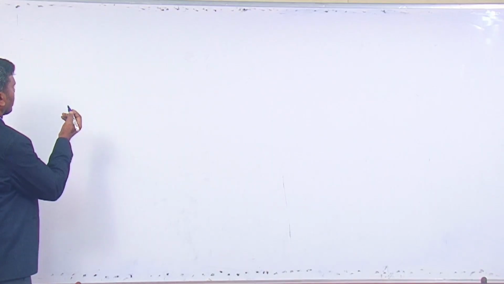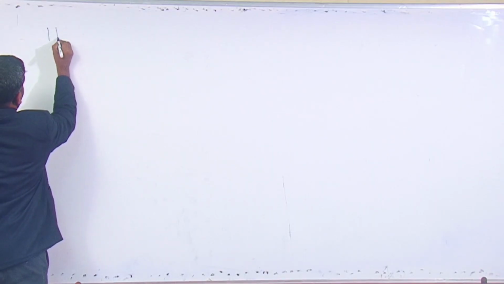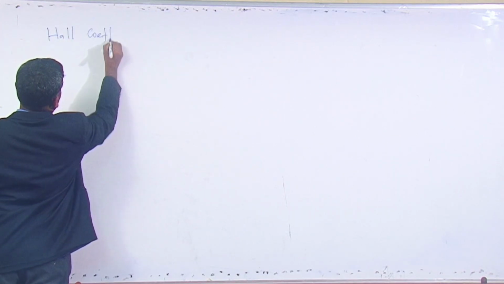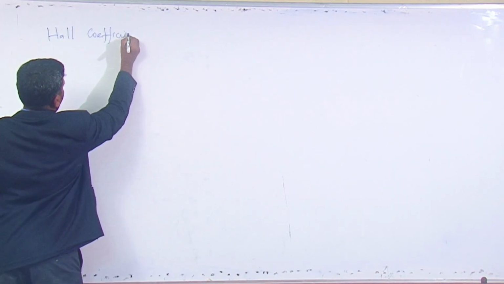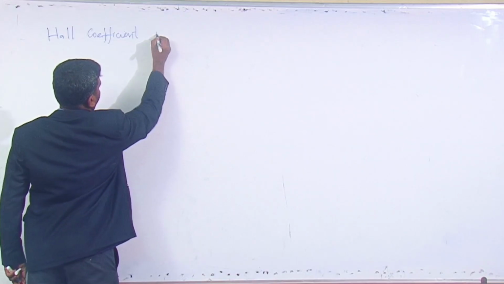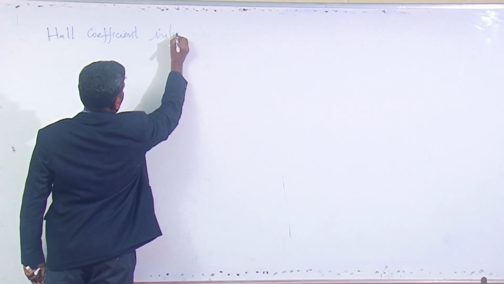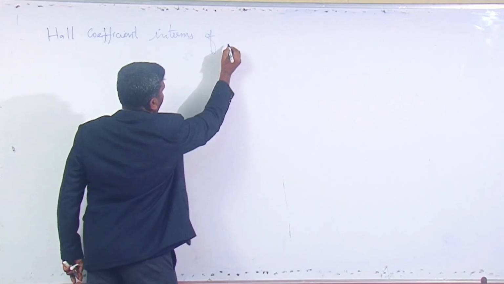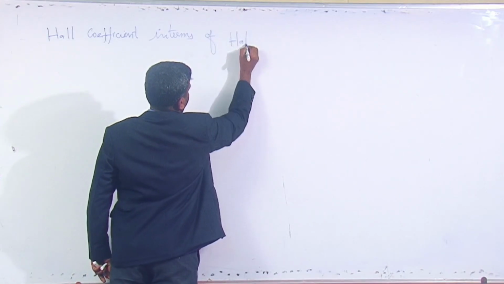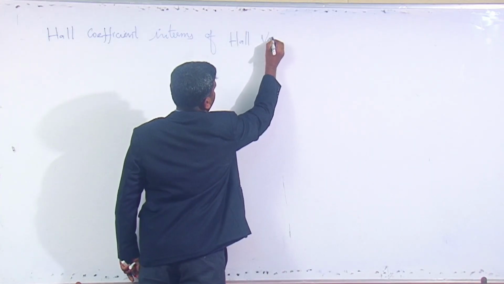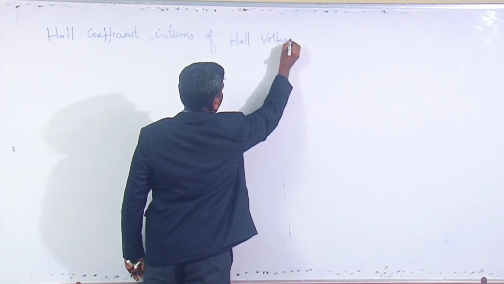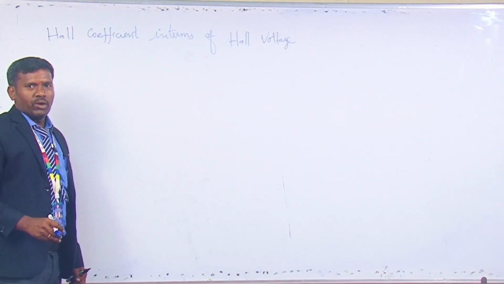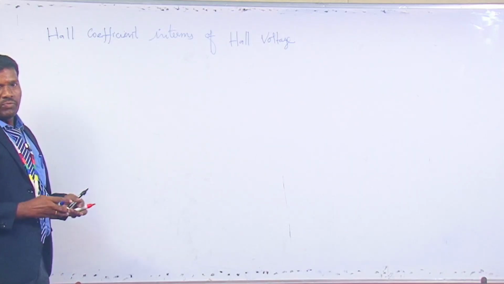Then we have to find the Hall coefficient in terms of Hall voltage. By using the Hall voltage formula, we have to find the Hall coefficient.